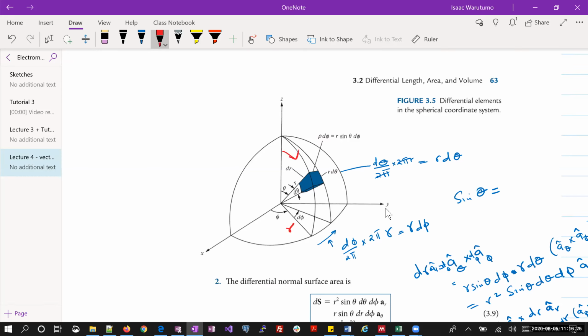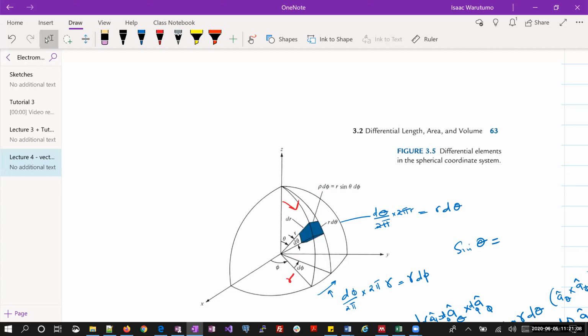So you must always be able to draw that diagram as much as possible. We were here, and the idea is that you should always be able to generate this diagram.